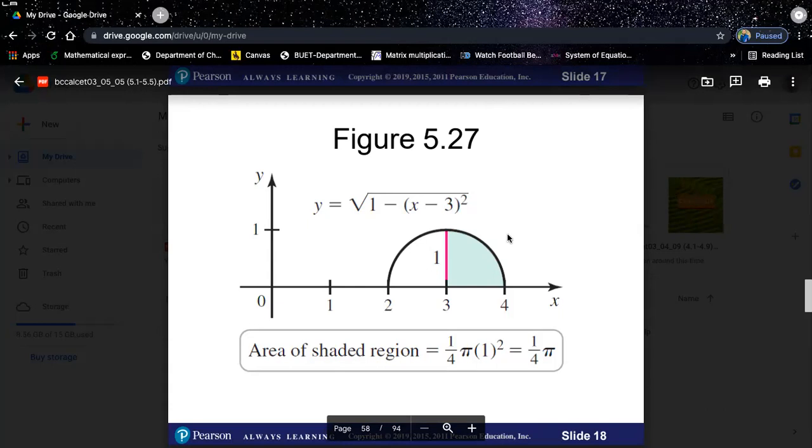If you have a function like this, you can actually feel that it looks like a circle, right? We know the general formula of the circle, and it looks pretty similar. So if you square both sides, we'll get y squared equals 1 minus (x minus 3) squared, right?